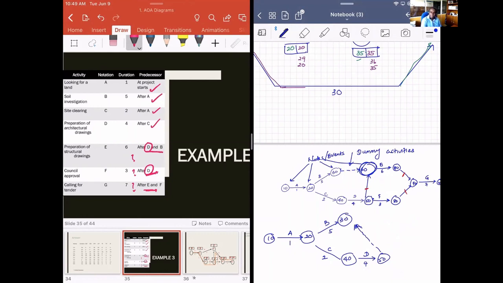Then what happens is there's one node here where both D and B finish. There's one node where only D finishes. Then E can start from here. F can start here. This you have to think a little alone and understand.